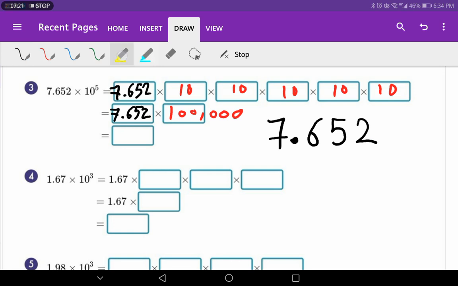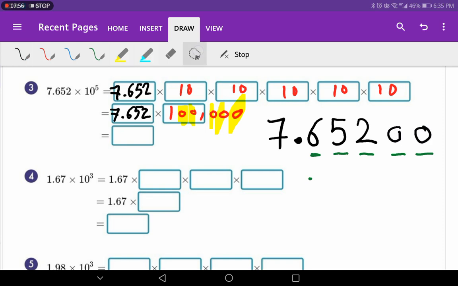Regarding our strategy, how many steps do I have to move this decimal point to the right? 1, 2, 3, 4, 5. So let us move it: 1, 2, 3. I don't have places. Bring it back. I need 5 places: 1, 2, 3, 4, 5. And fill them with what? Yes, zeros.